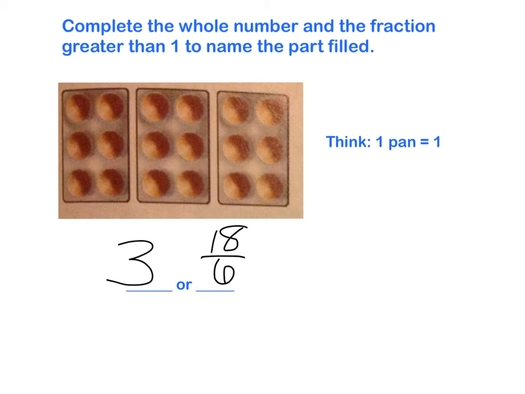So my fraction greater than 1 is 18/6. We know that 18/6 is greater than 1 because 6/6 is equal to 1. And I know that 18 is larger than 6. So 18/6 is greater than 6/6, or one whole.